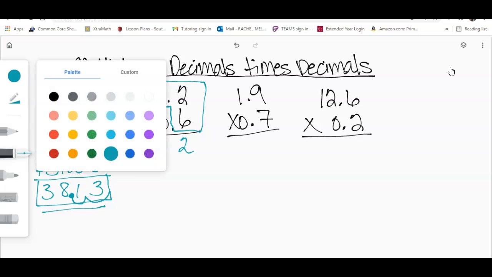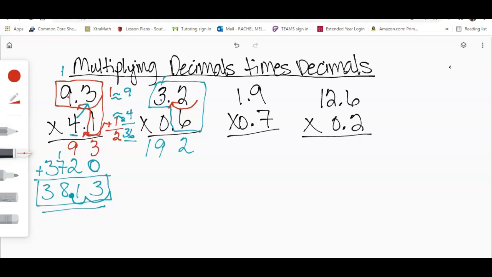So now let's count over our decimals. This one goes over one place. This one goes over 1. 1 plus 1 is 2. So I need to go over 2 places. 1, 2. So my answer is 1 92/100.